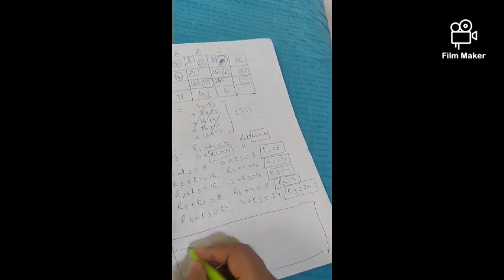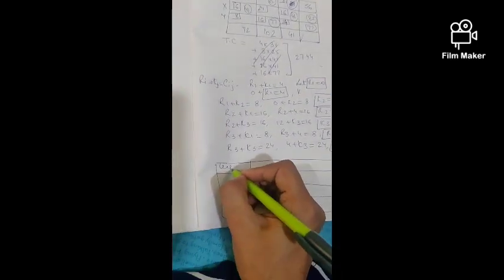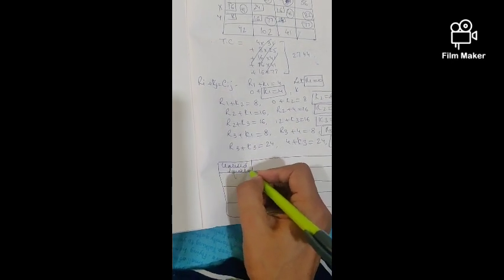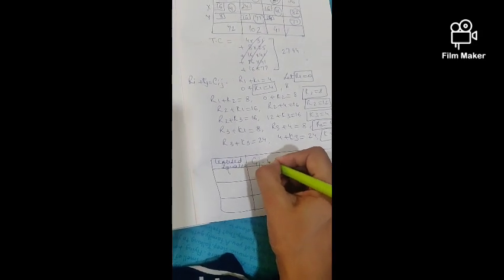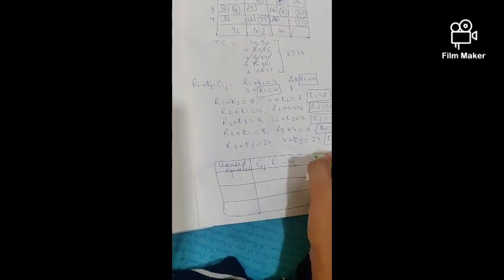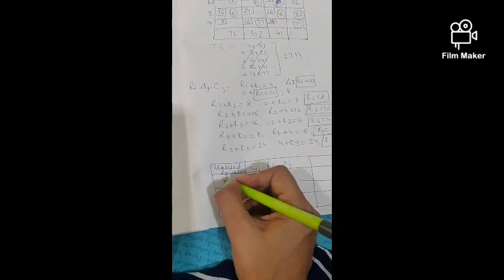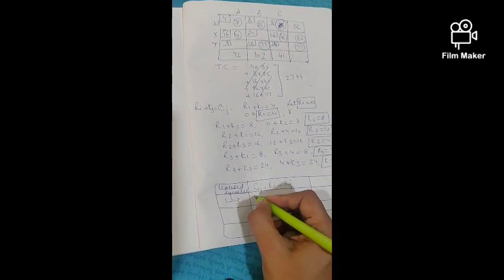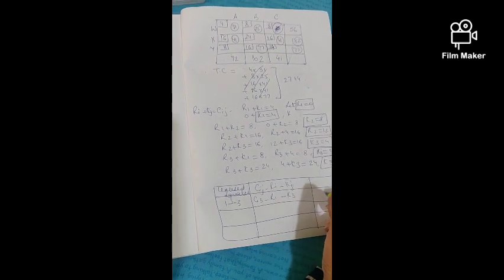Again we will have to make that table for the unused squares. Then Cij minus Ri minus Kj, then the value. First we have the first row, third column, so we will take it as C13 minus R1 minus K3.